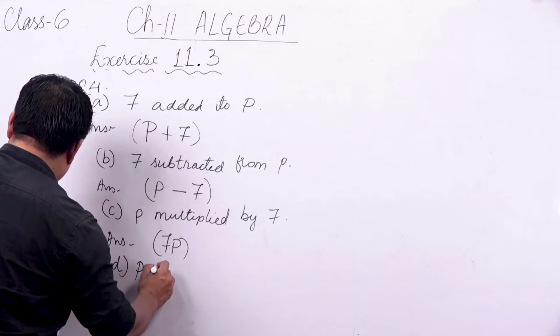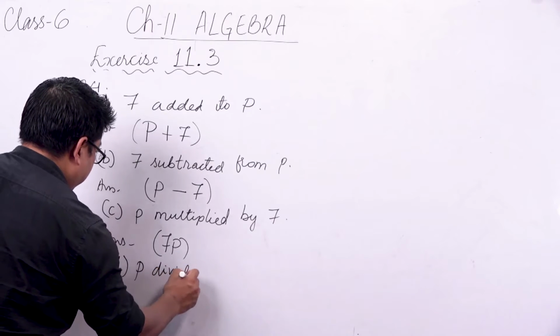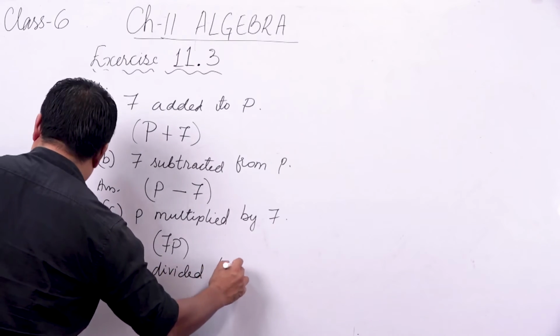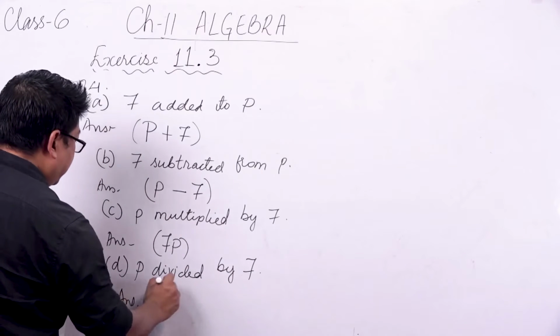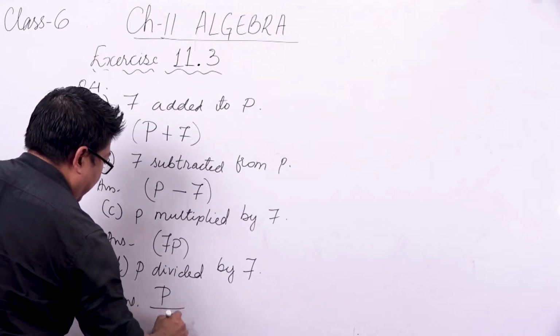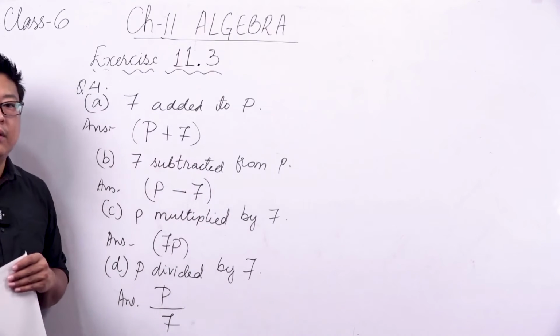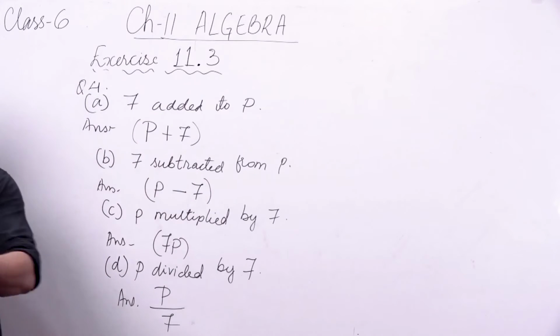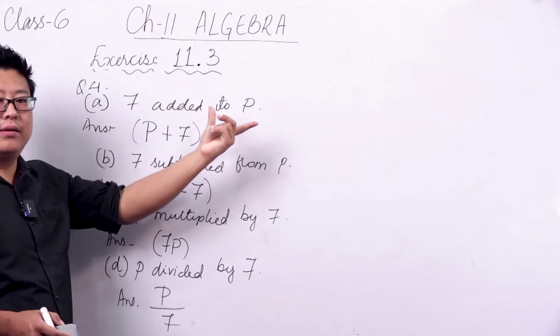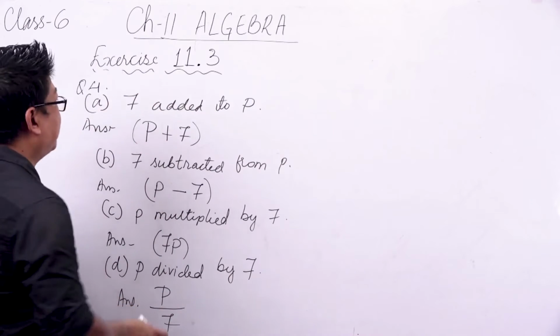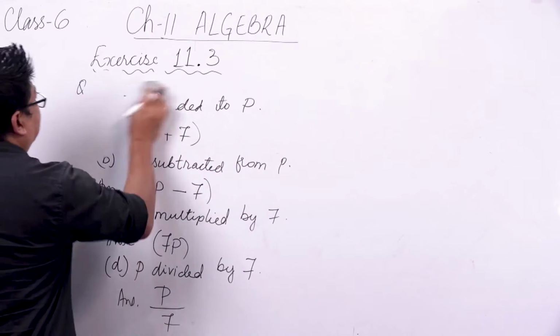P divided by 7. So it means p is divided by 7. All right? So these are the expressions that we have derived from the statements given. Okay? So this is how you write the expressions. Let's look at the next question.